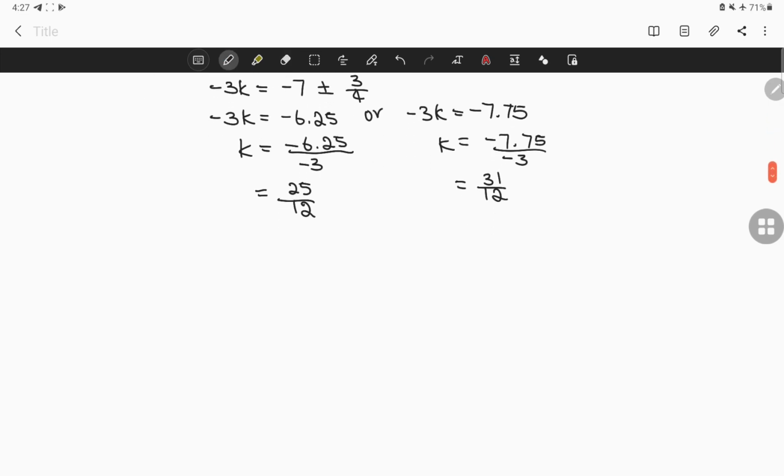Now let's move on to question 3a. Note that for question 3a, you're supposed to complete the square. If you refer to your textbook, it says complete the square for x squared plus 20x.